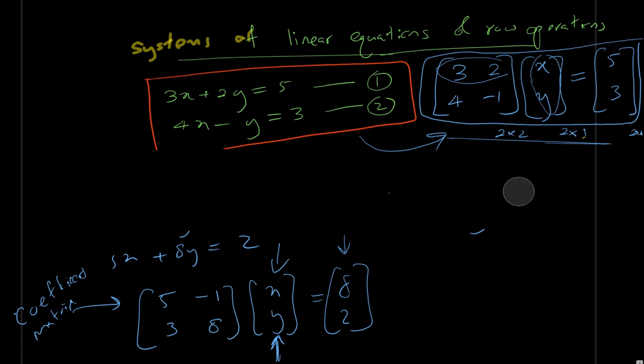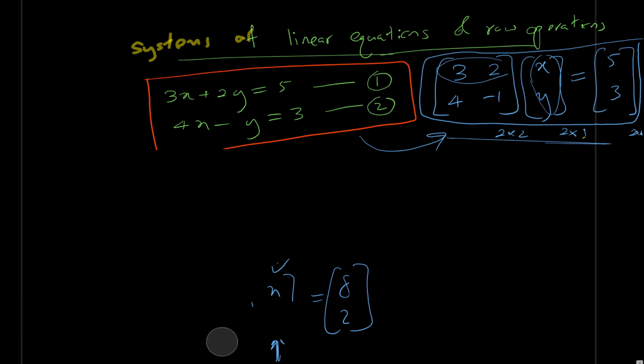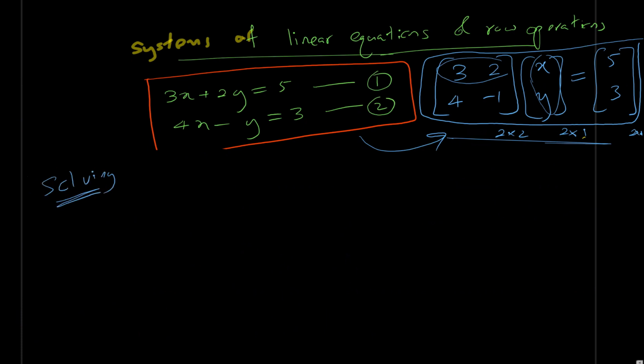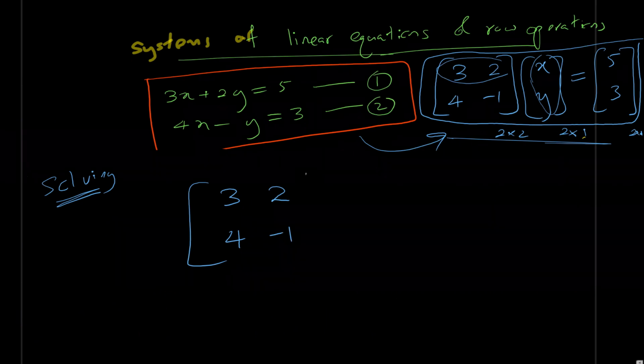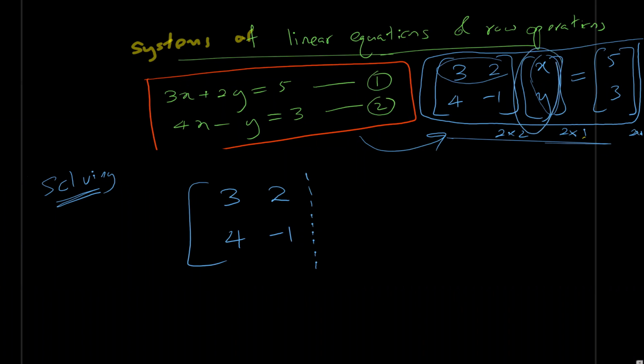Before we solve it, the first thing we do is put this in an augmented matrix. That means you write down those numbers and draw a line or dotted line, and you forget about this column, but you take this 5, 3 and put it here.